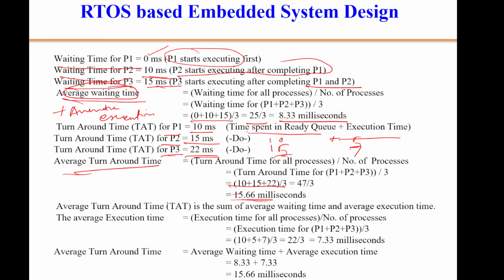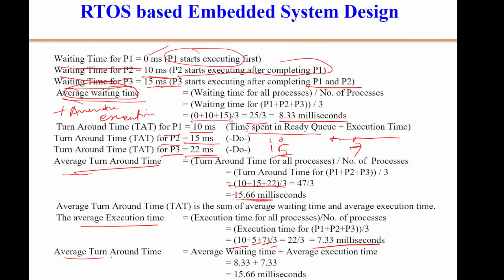Average execution time is nothing but the time taken for execution of P1, P2, P3 divided by the number of processes. For P1 it is 10 milliseconds, for P2 it is 5 milliseconds, and for P3 it is 7. So 10 plus 5 plus 7 divided by 3, which is 7.33 milliseconds.